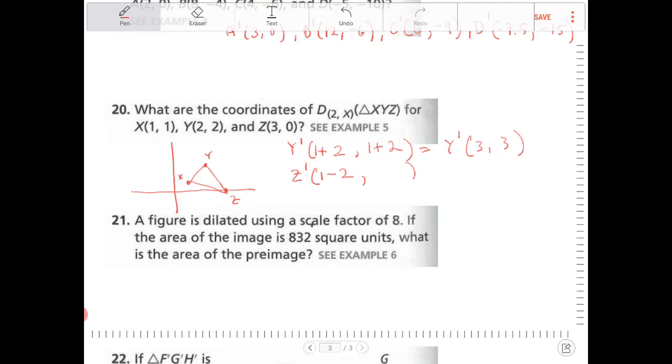It is 2 away from x horizontally. So we're going to be moving away from 1, to the right, plus 4. So z prime will be located at -1, 5.